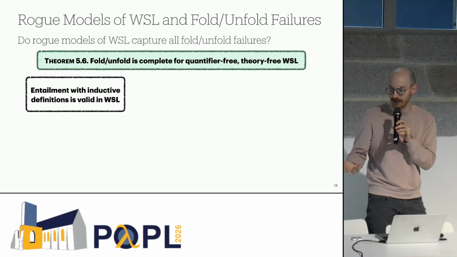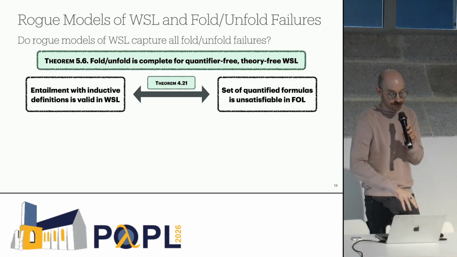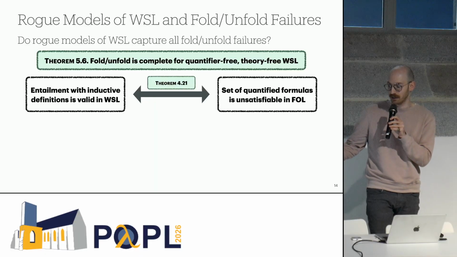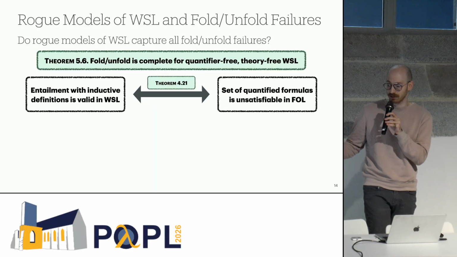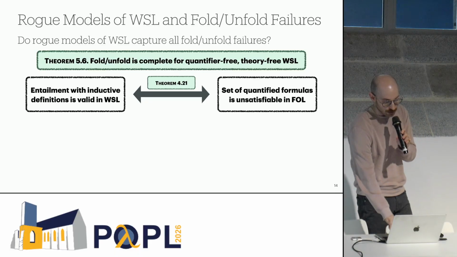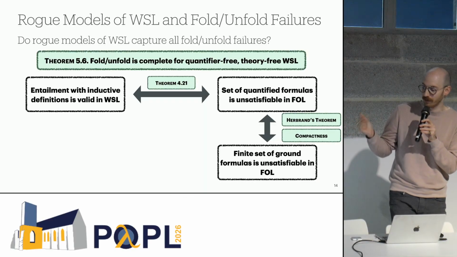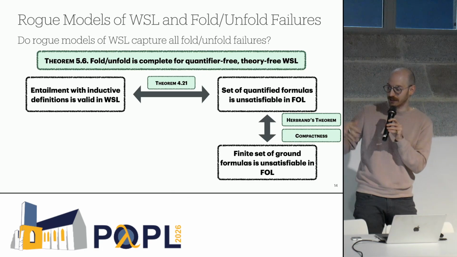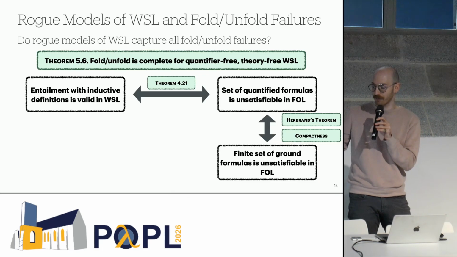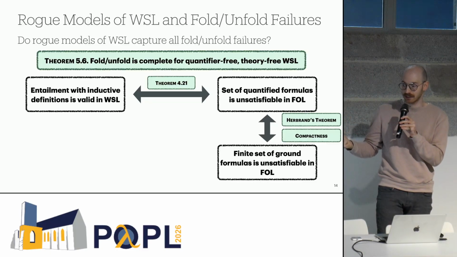So an entailment with inductive definitions is valid in weak separation logic if and only if some set of formulas is unsatisfiable in first-order logic. And this is exactly our model-preserving translation. Then, using tools of first-order logic, like Herbrand theorem and compactness, we know that a set of formulas is unsatisfiable if and only if a finite set of ground formulas is unsatisfiable.